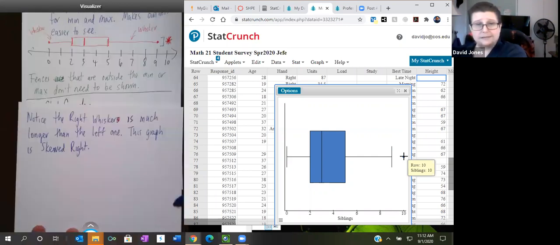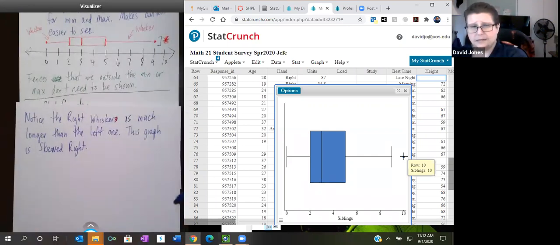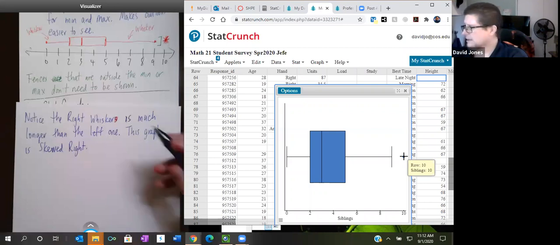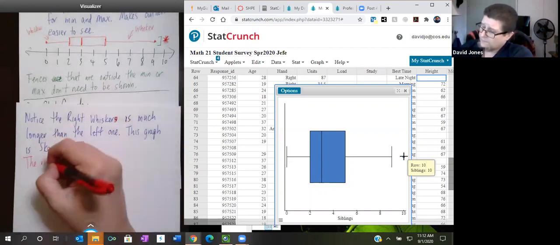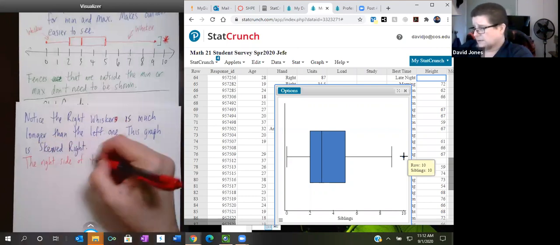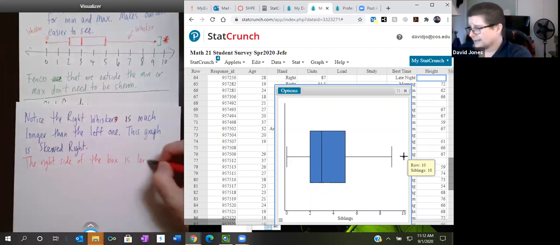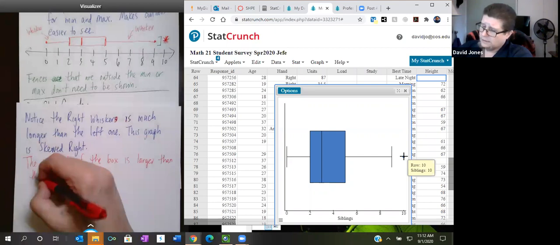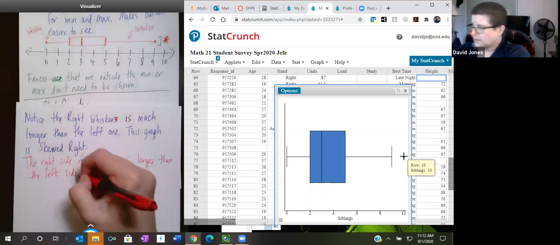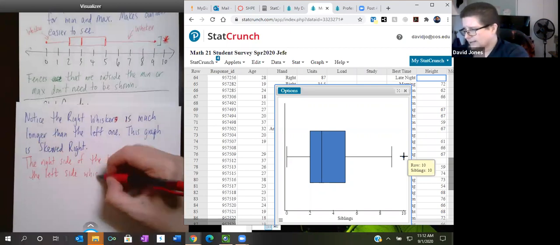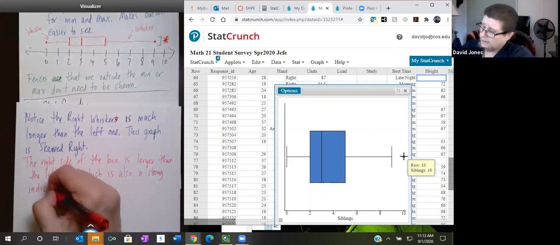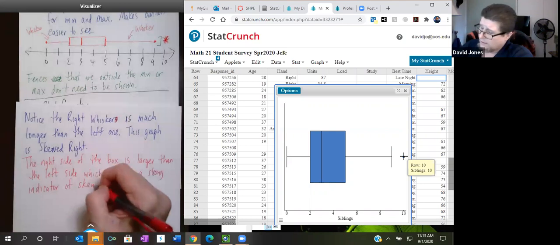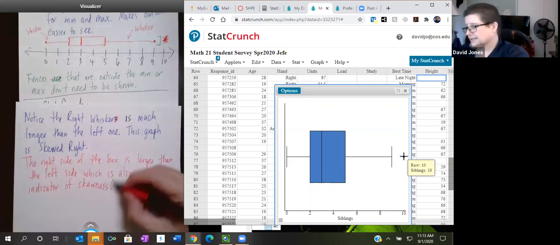Oop, I'm off that camera there. The right side of the box is also bigger, is larger than the left side, which is also a strong indicator of skewness, and in this case, to the right.